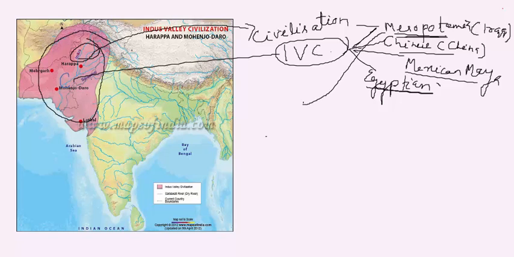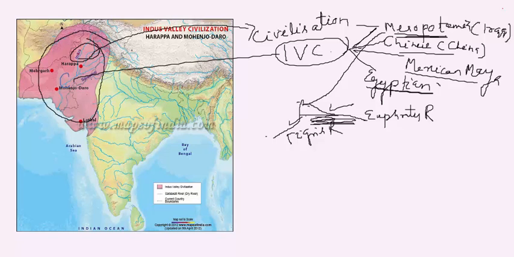This civilization flourished in between two rivers. Suppose this is one river and this is another river. One is the Tigris river, another is the Euphrates river. In between these two rivers, one civilization flourished. We call this Mesopotamia civilization.